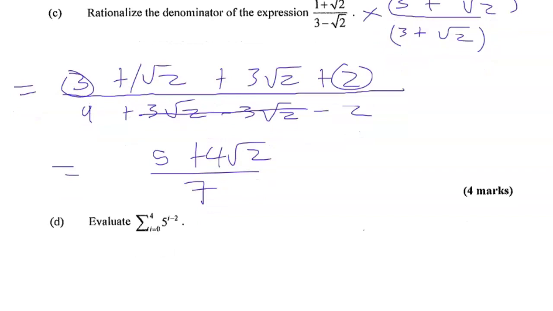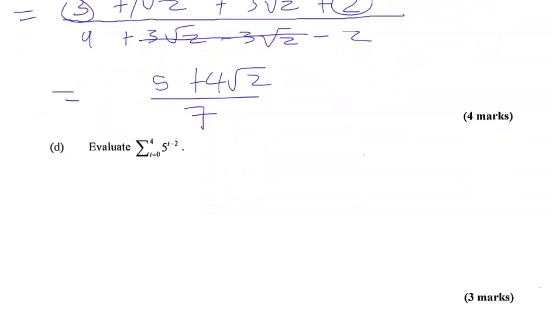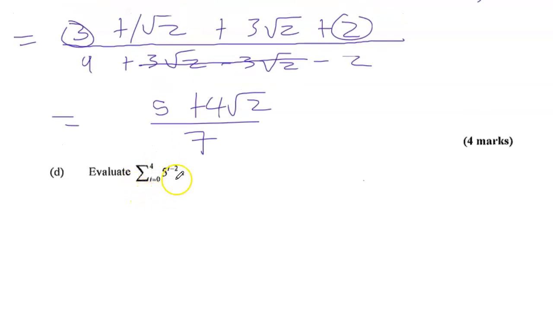Part D, the summation of 5 to the power of i minus 2, from i equals 0 to i equals 4, so we're going to substitute i values from 0 to 4 and sum our results.